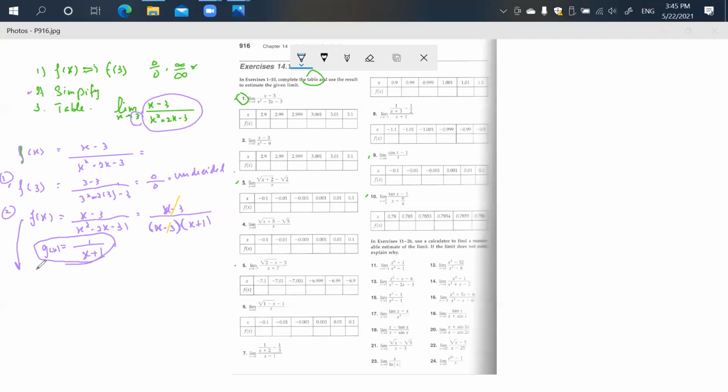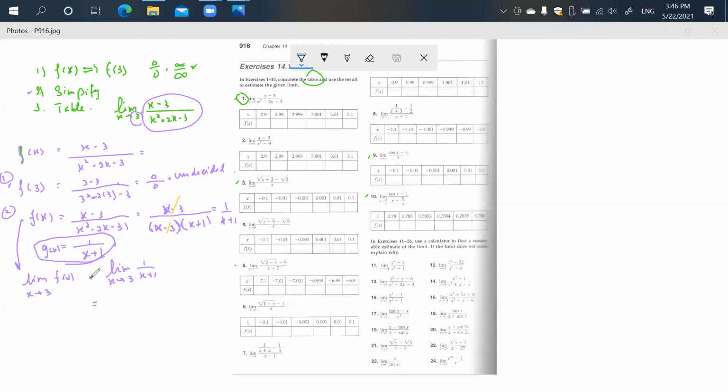You just take the limit of both sides. From this, you can say the limit of f of x as x approaches 3 equals the limit of 1 over x plus 1 as x approaches 3.